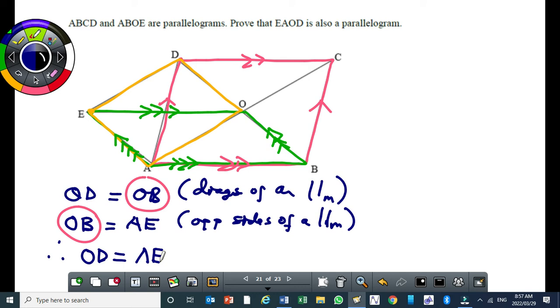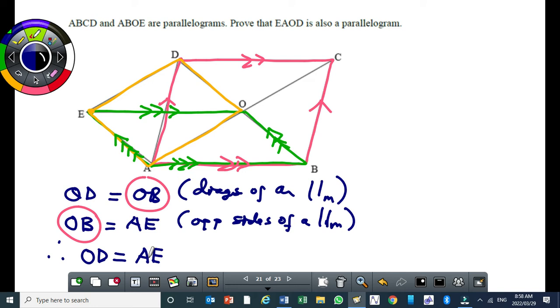Because of these two statements, we can end up concluding that therefore OD is equal to AE. Does that make sense? Then we've got a pair of opposite sides now. Remember, what is my objective here? It is to prove that AE is equal to OD.